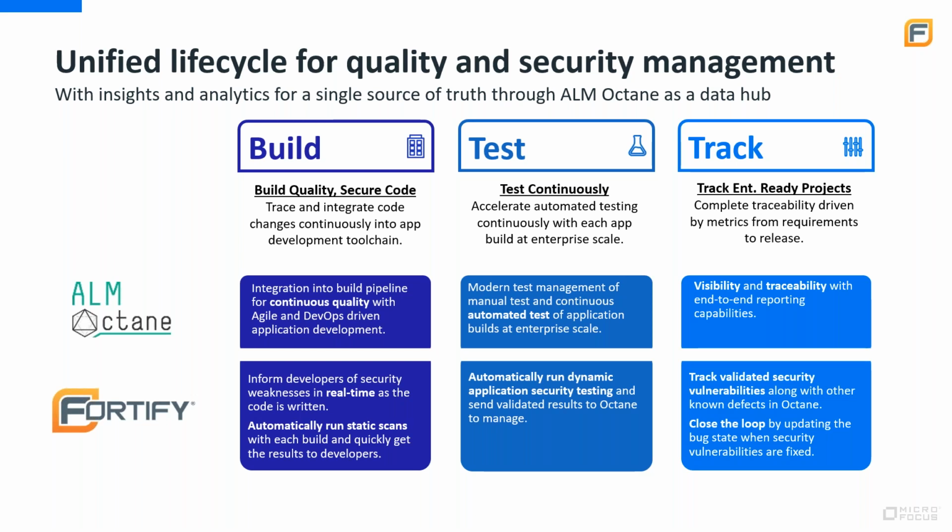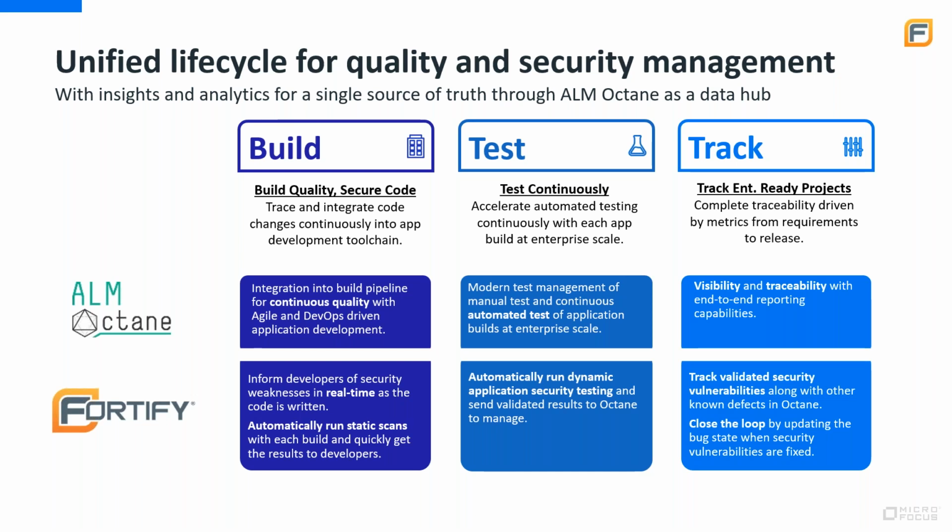So back to Scott's Octane piece with the build test track that you guys work with on Octane. Same thing with Fortify. If you guys are already doing quality tests, it's not that much extra work to add security into this. That could be the IDE plugin that works alongside your code quality checkers within the IDEs, just security instead of code quality.